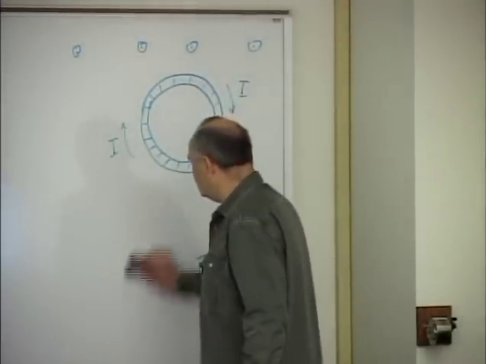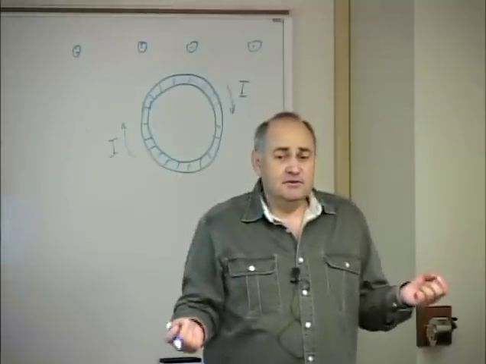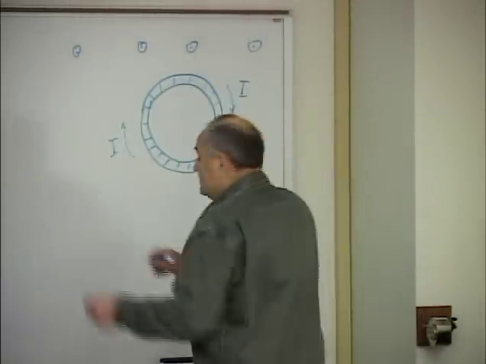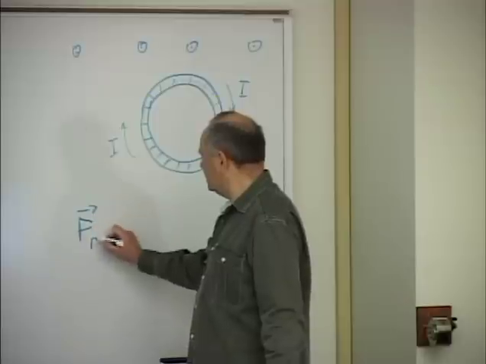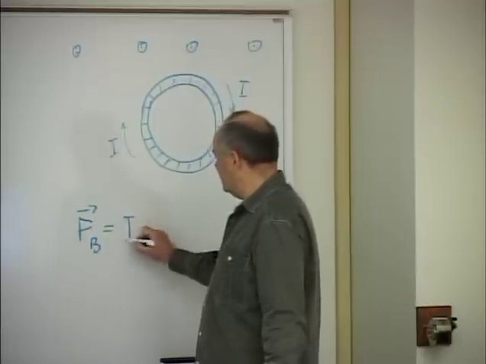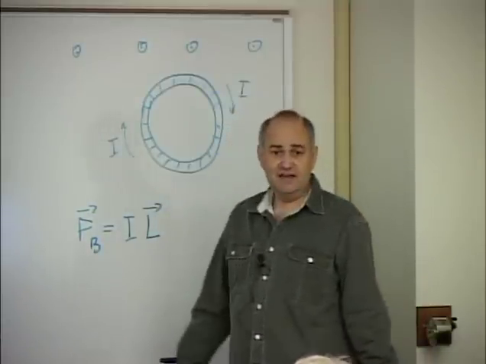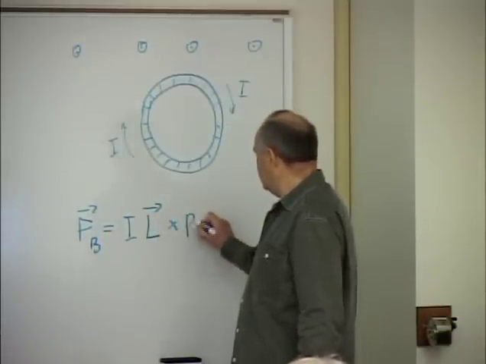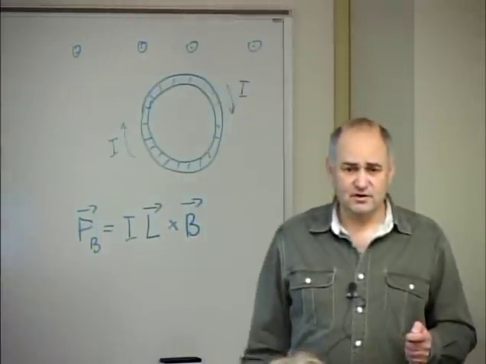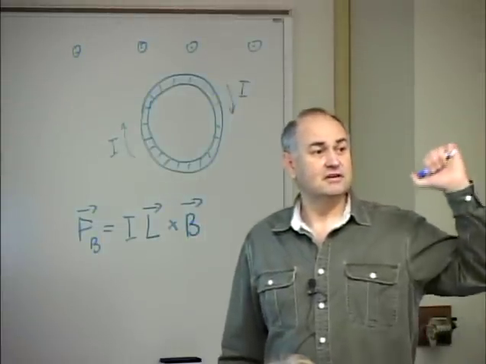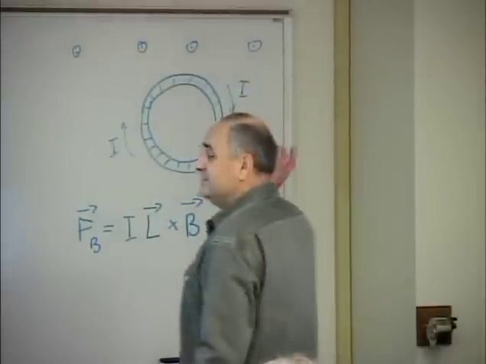You could do it from the very beginning, but we could recognize that for an arbitrarily shaped wire, we got an expression that magnetic force is equal to current flowing through the wire multiplied by vector from one end to the other end multiplied by magnetic field vector. From this formula it's easy to see. Yes, Robert? 0. Magnetic force exerted on the ring is going to be 0.